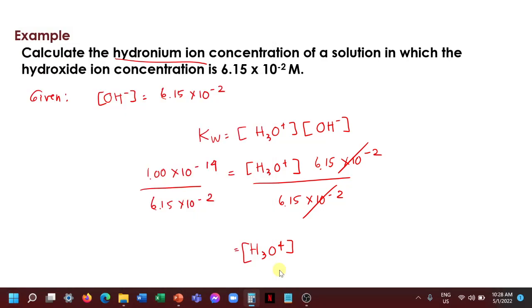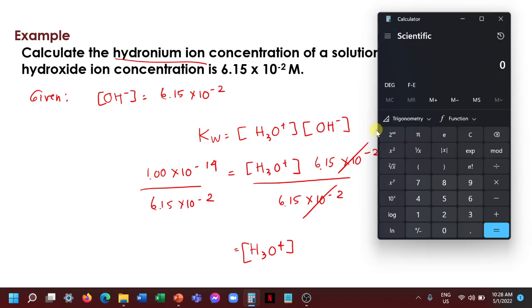Let's first open our calculator. If you have this type of calculator on your phone, we have this 1.00 times 10 to the power of negative 14, divided by 6.15 times 10 to the power of negative 2, and that's equal to 1.63 times 10 to the power of negative 13.